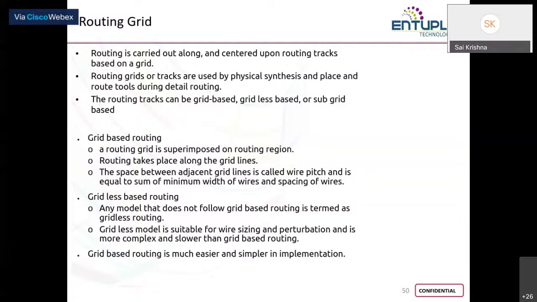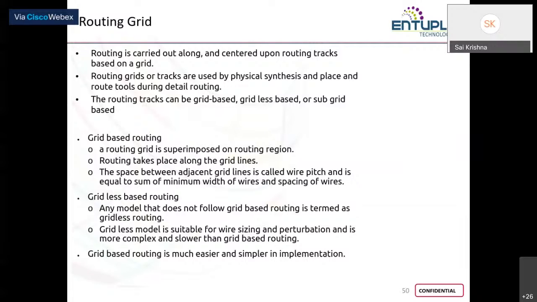This grid-based routing happens where you have too many vertical or horizontal routes that are stacked because of the connections. So in order to avoid the crosstalk and everything, there is a minimum wire pitch to be maintained, which I shall show you in the next slide.